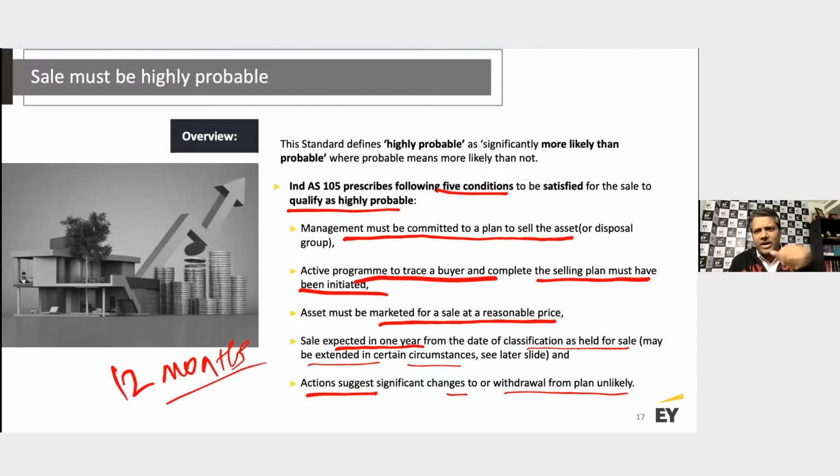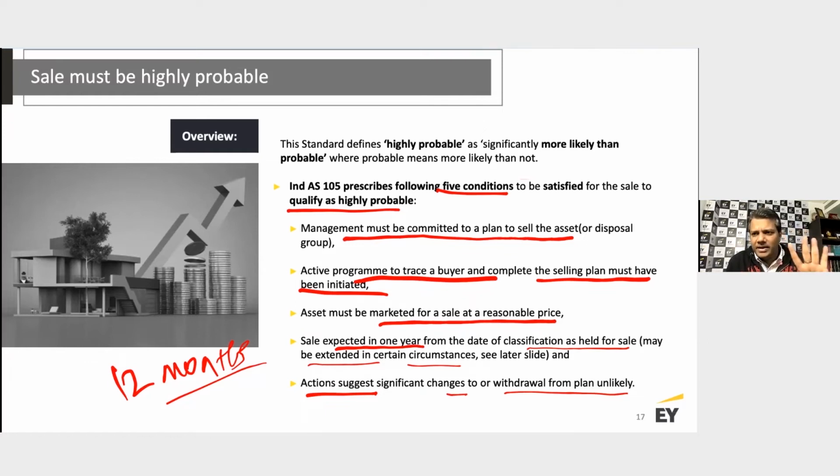So what are the 5 criteria? First, management with the requisite authority has agreed to a plan to sell the asset. Second, you are running an active program to trace a buyer. Third, the asset must be marketed at a reasonable price.